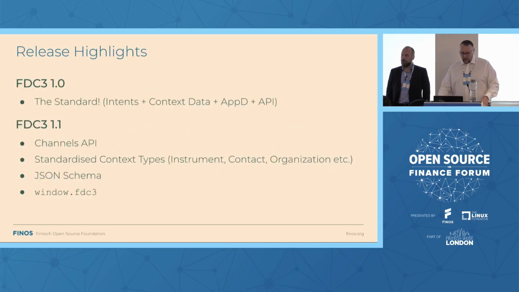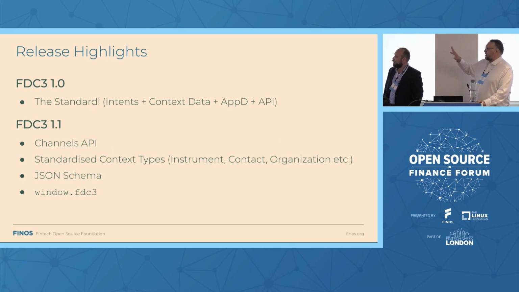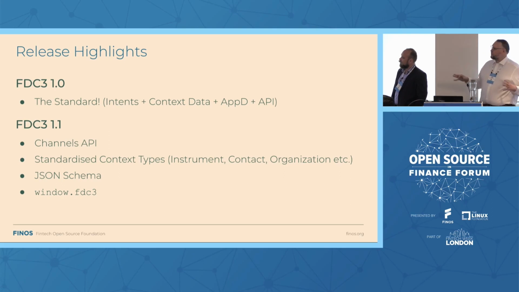And I'm going to breeze through these. This is what went into the previous releases. I've talked about it already. But I think the important thing is, after those first 4 specifications, we started getting people adopting it and giving us feedback about what they need right from the start. And we standardized some types.